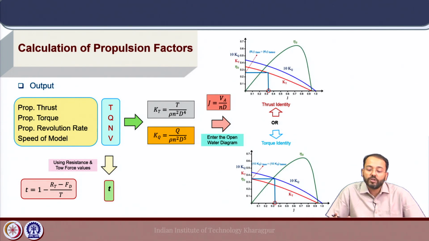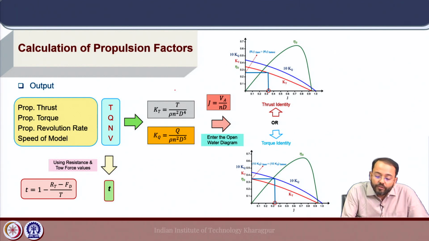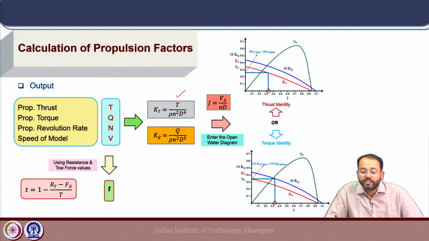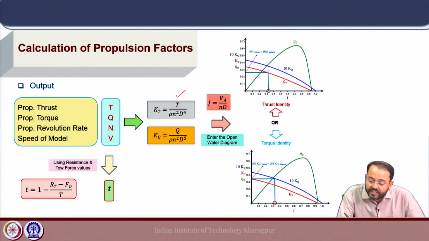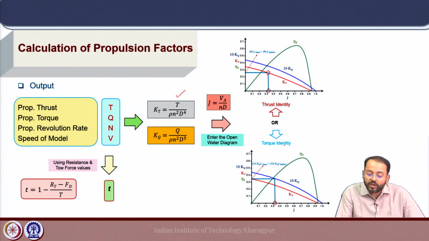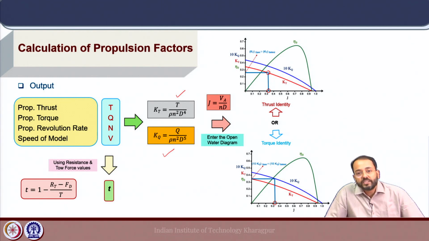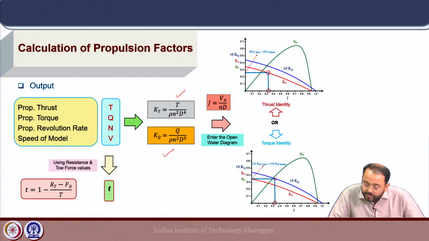So, both of these are shown, and J is the advance coefficient, which is given by VA by ND. And using thrust identity, we use KT calculated from the self propulsion test to enter the open water diagram here, and we can get the corresponding value of J. And if we try to use torque identity, we use KQ measured from the self propulsion test to enter into the open water diagram and get the value of J.